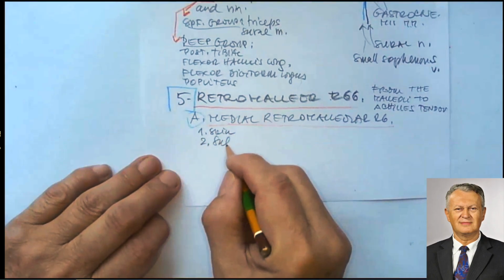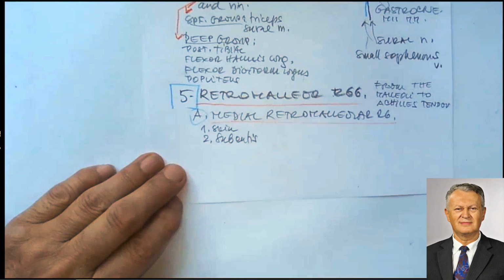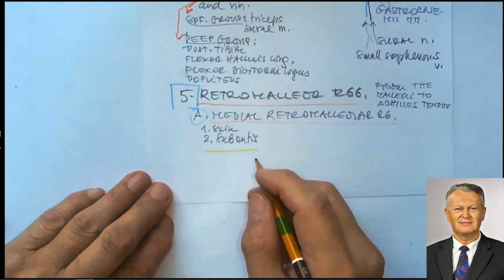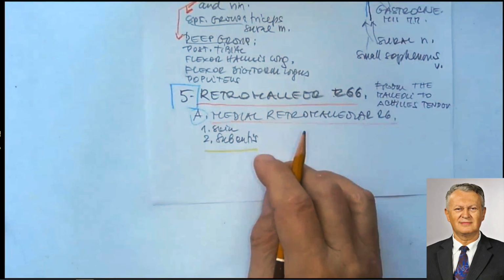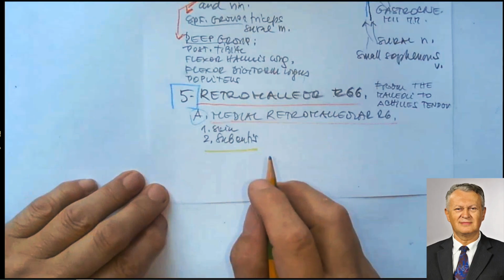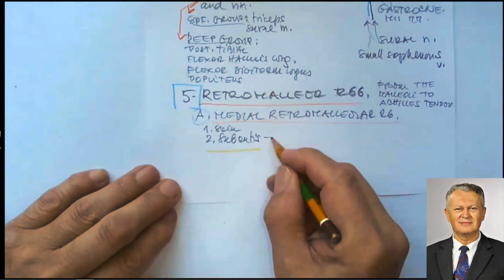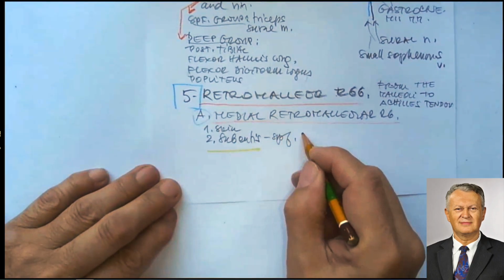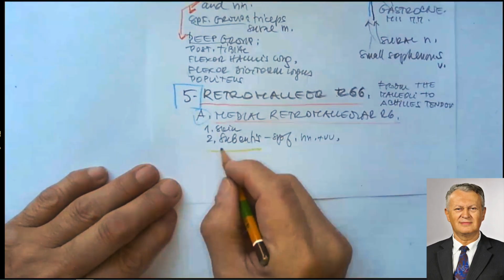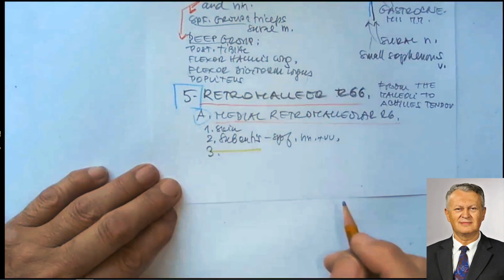Number 2 is subcutis. In subcutis, what we see would be the fascia with the flexor retinaculum. Subcutis, just superficial nerves plus veins, the tributaries. This is sufficient.